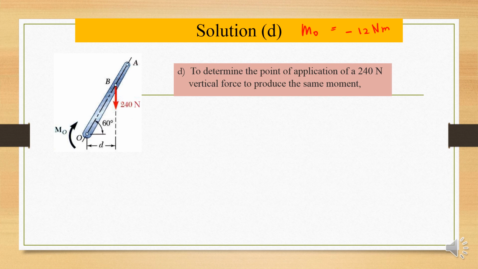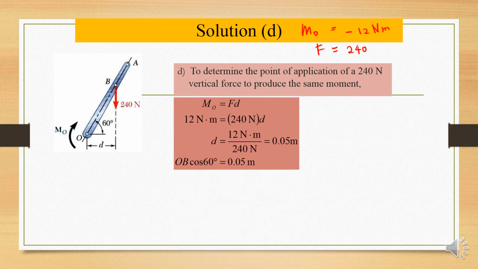We have the information at this time that the force is 240 Newton, in the vertical direction. So of course, if we want to produce the negative moment, the direction of the force should be downward, so that the rotation will be clockwise.